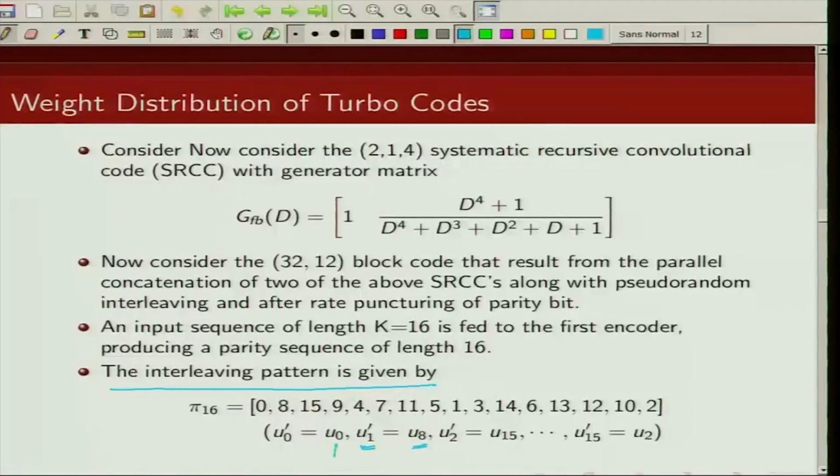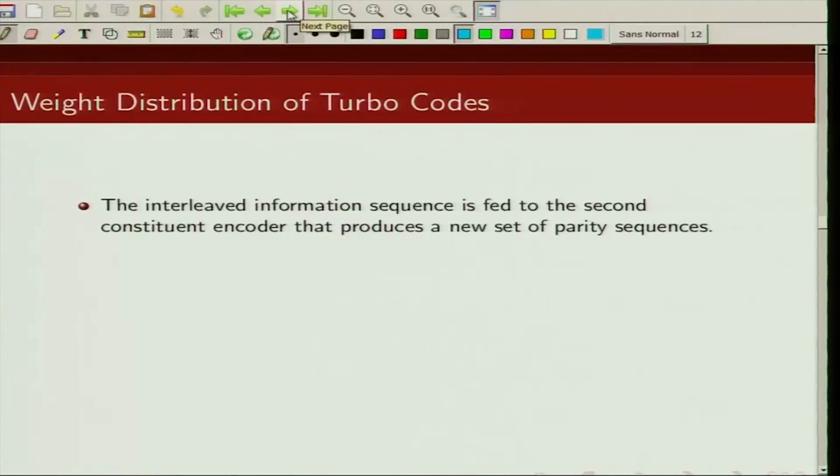So the u_i are the original input sequence and the u_i hats are the interleaved information sequence. This is the interleaving pattern I am using for this particular example to derive the weight distribution of this parallel concatenated code. Now this interleaved information sequence is fed to the second constituent encoder.